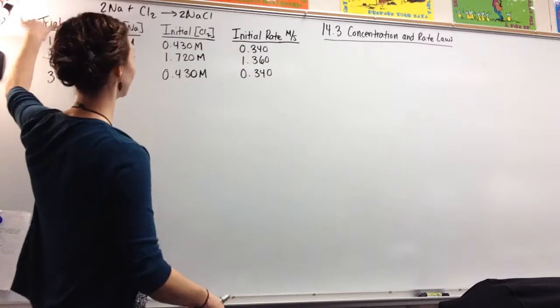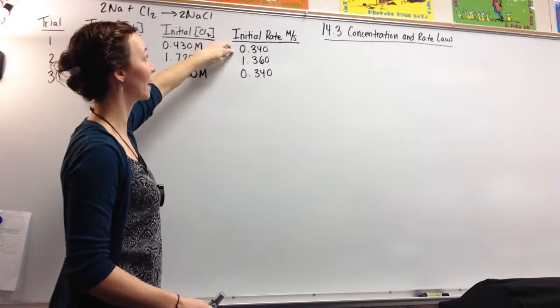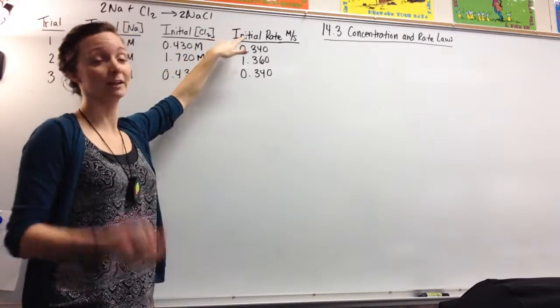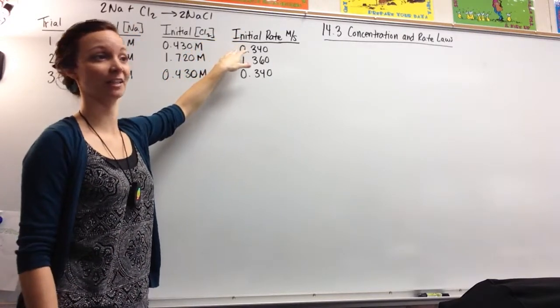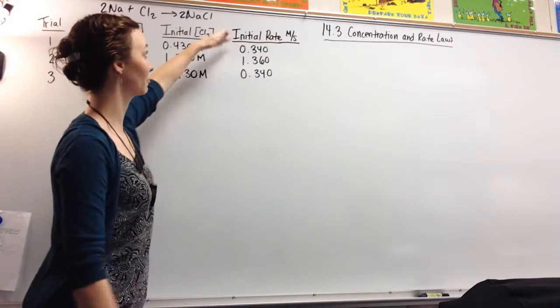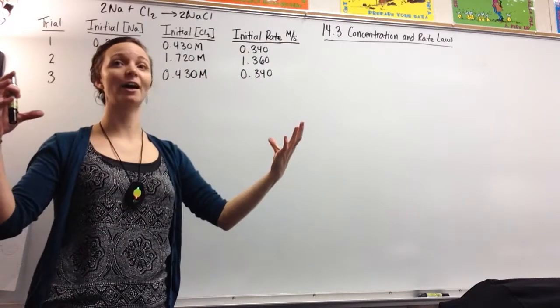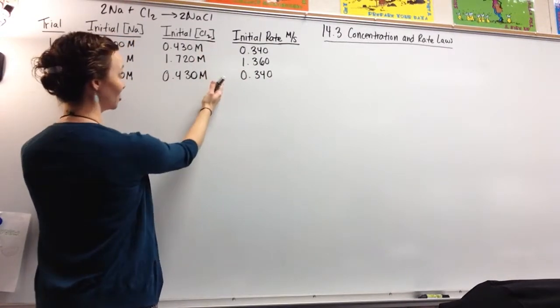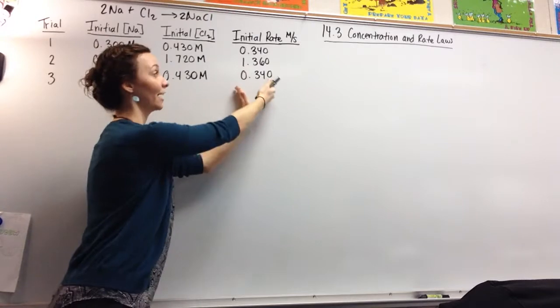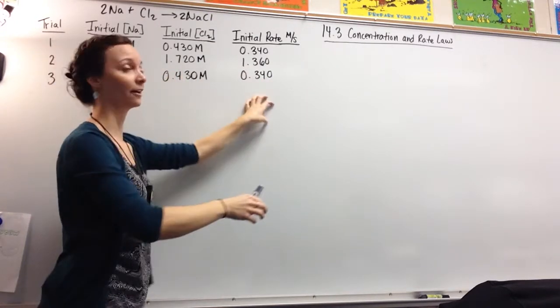If you have a certain reaction, we have concentrations, and we focused on figuring out what the rate of the reaction is. Now we're going to use that data, different reactions having different rates, to figure out a general rule that describes how the concentrations of your reactants can affect your rate. So that's what we're focusing on today. How does concentration affect rate?